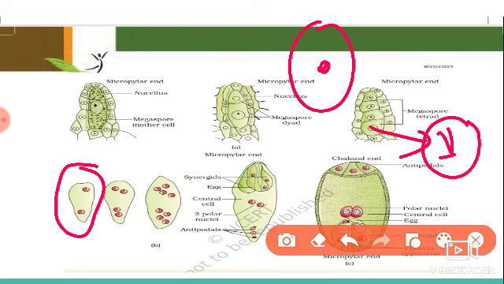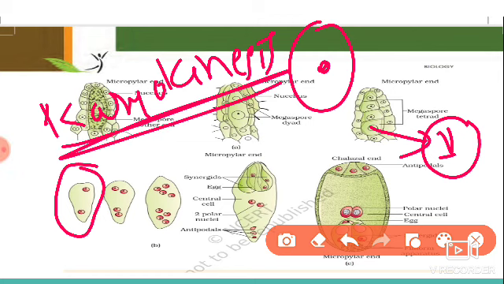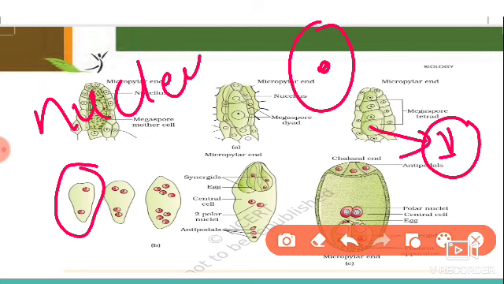This megaspore undergoes karyokinesis. Students, please remember, it will undergo karyokinesis, not cytokinesis. Karyokinesis is nothing but division of the nucleus, not the cell. That is very important, please remember.